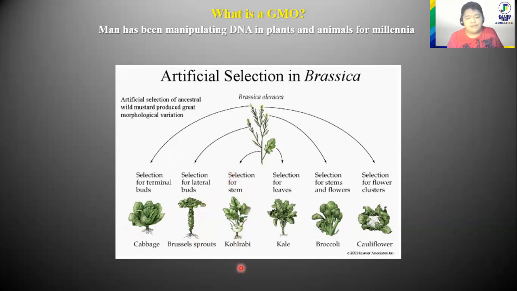If you select for the stem, you have kohlrabi. If you select for the leaves, you have kale. If you select for the stems and flowers, you have broccoli, or for the flower clusters, the cauliflower. It's the same species, but the plant itself has been modified to become these particular variants of the species.